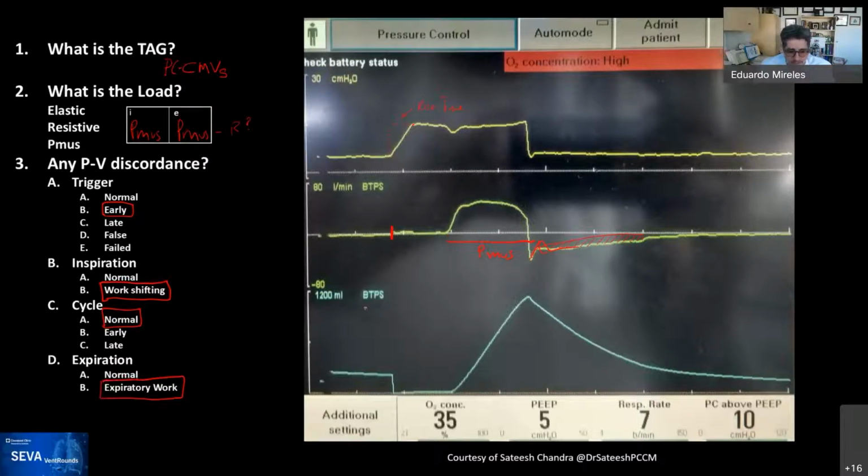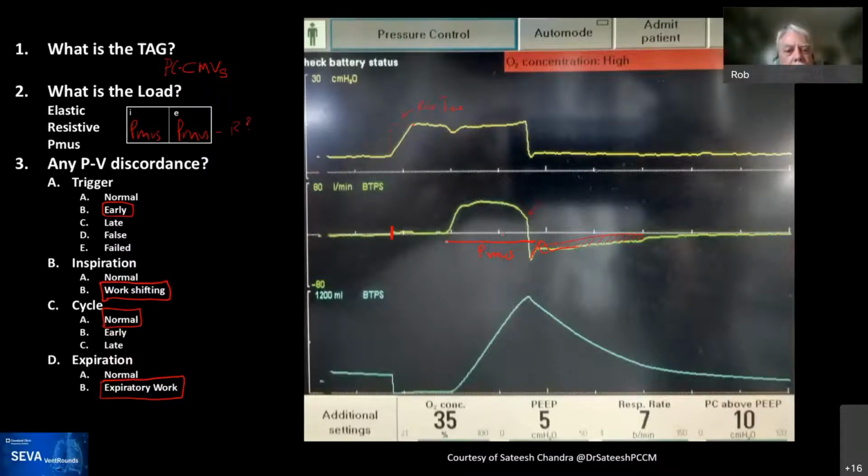Rob, comments, concerns? You know, there could be an argument that this patient is making a fairly large effort. We see flow from the patient, from the PMUS, going virtually clear into the point of cycling, large tidal volume. And if you were to draw a PMUS waveform on that flow curve, I think it would spill over and clip off the peak expiratory flow.